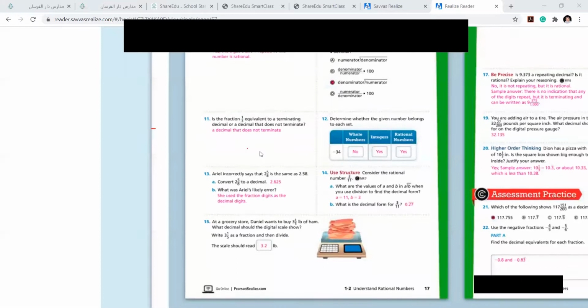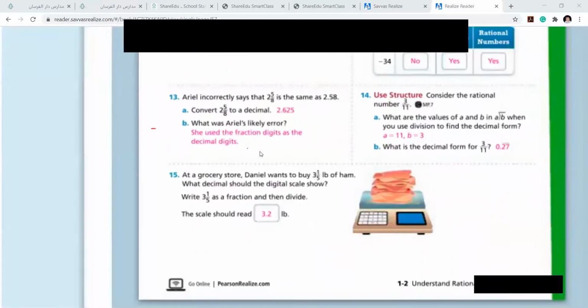Now here, girls, take this question and solve and show me. I want to see your paper. I will not leave you like that. Please solve and show me this question. Convert this one.